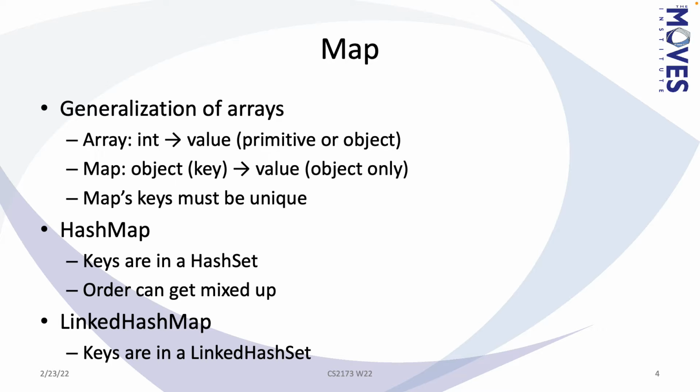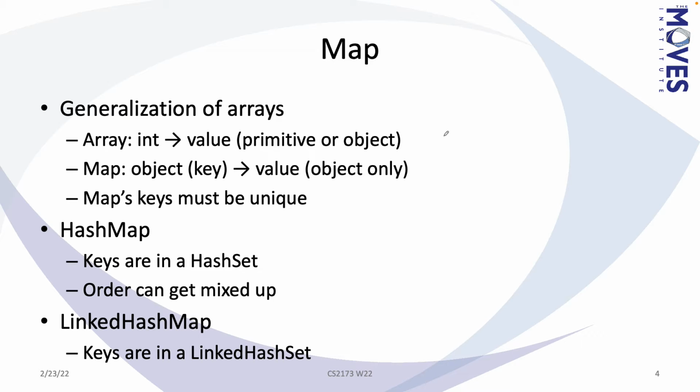Okay, so maps are generalizations of arrays. Now here's one way to think of an array again. An array is a mapping in the mathematical sense from an int to a value.